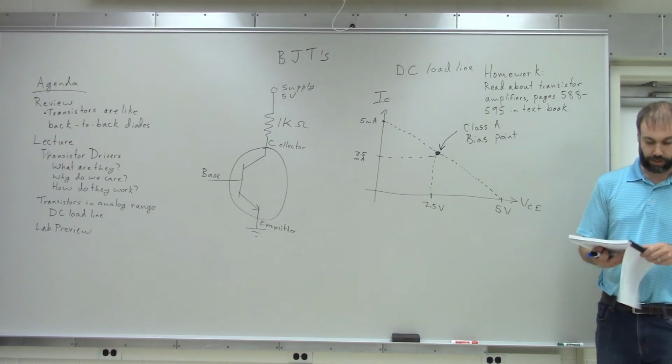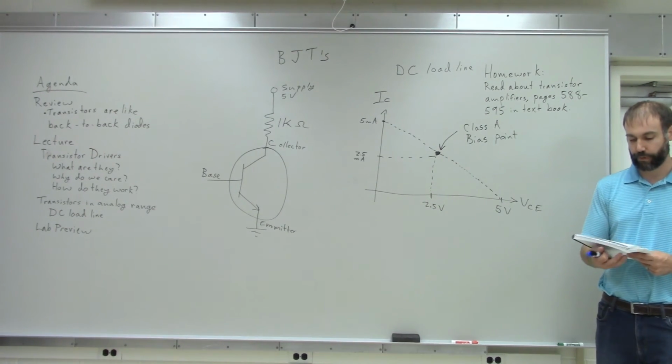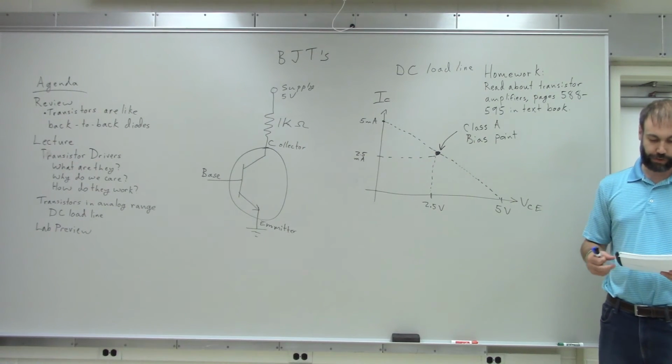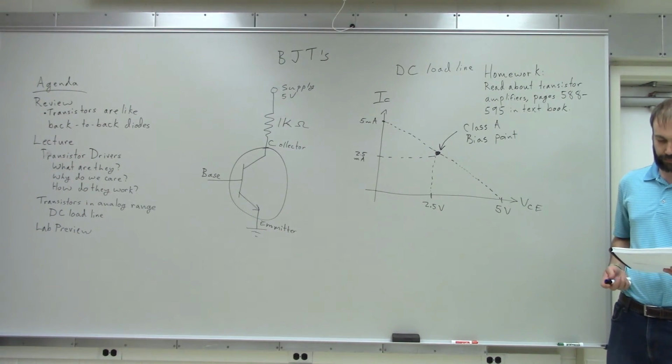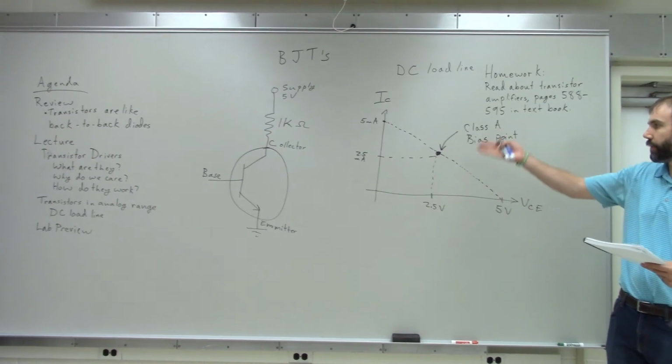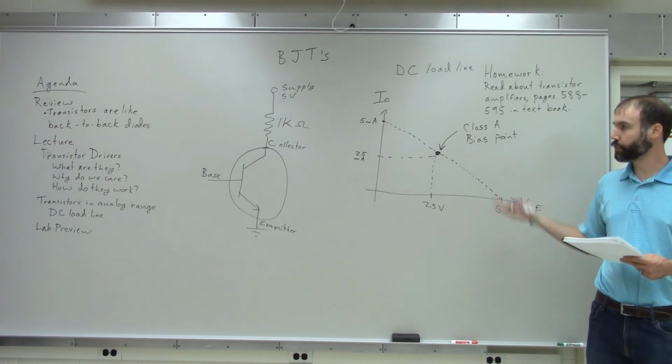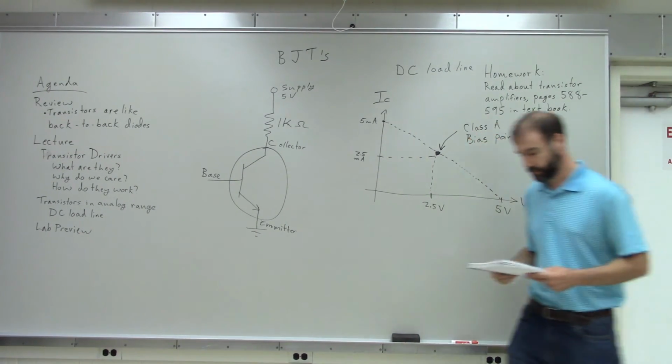And then for the last part of the lab, for part 3, you're going to build a divider bias circuit. So that's going to be essentially like what we have here.